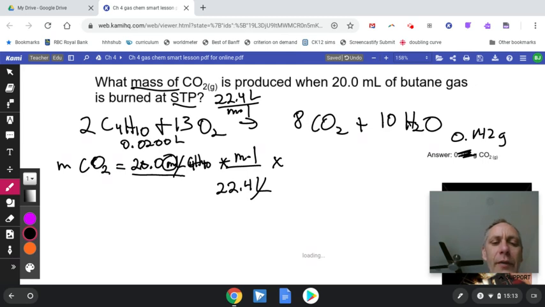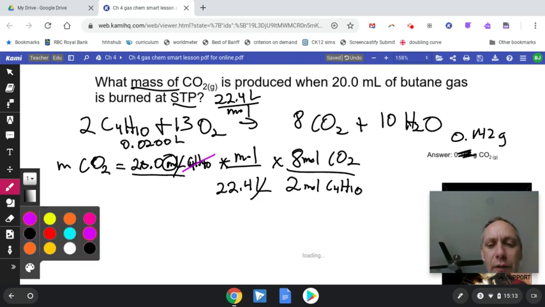Okay, so I've got moles of butane and I'm interested in CO2. 8 moles of CO2. That's what I'm looking for, and I want to cancel out the butane, 2 moles of butane. Okay, so the butanes are gone, the moles are gone. So what am I left with right now? Millimoles of CO2, and we want mass of CO2.